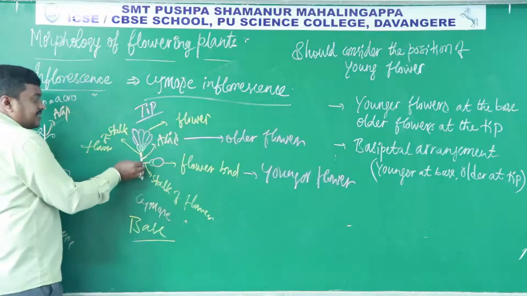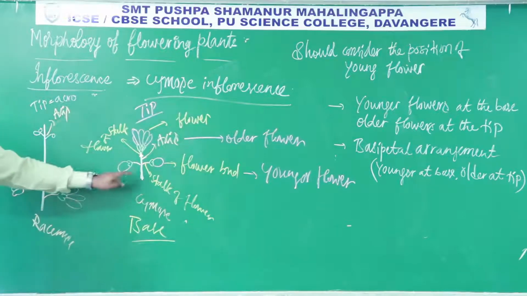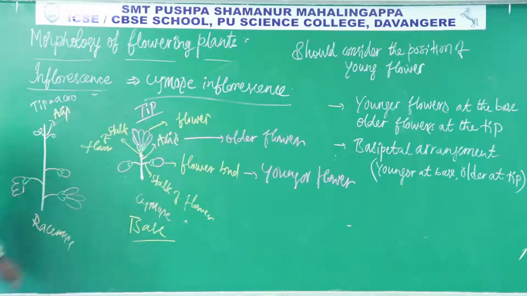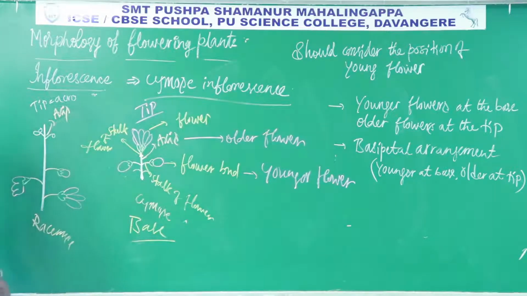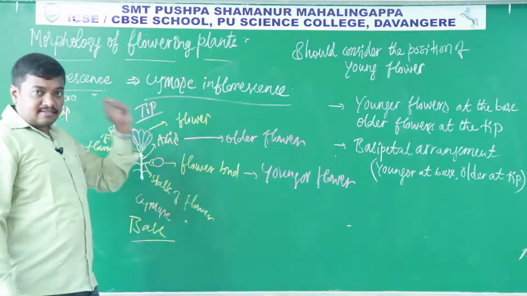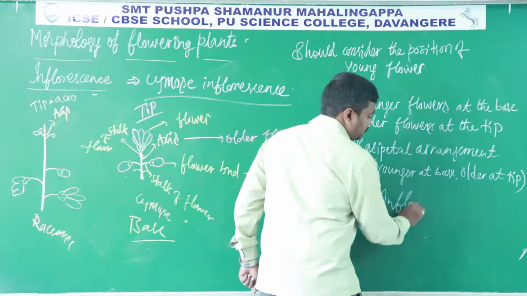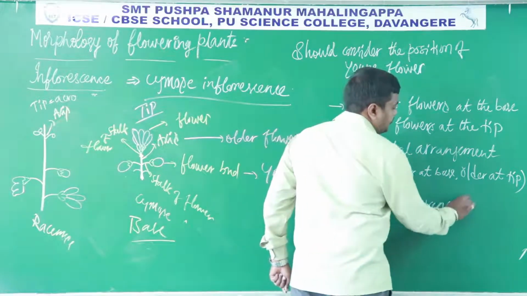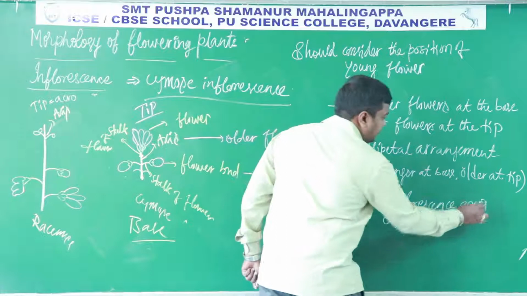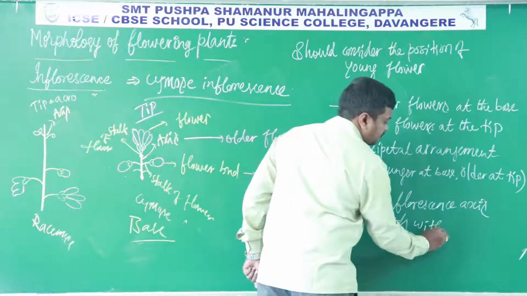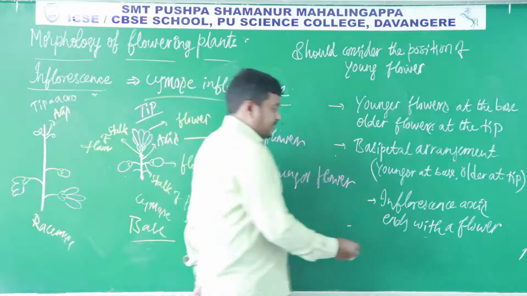So this is the axis. This axis ends with a flower. That main axis cannot grow further, but instead it shows the branches at the base like this. So inflorescence axis ends with a flower, and it shows branches at the base.